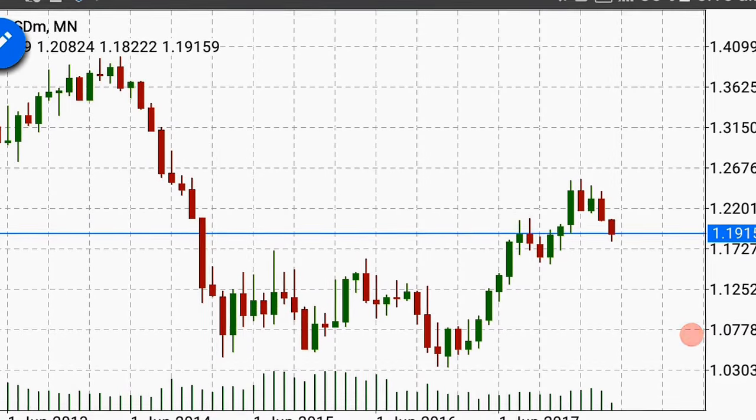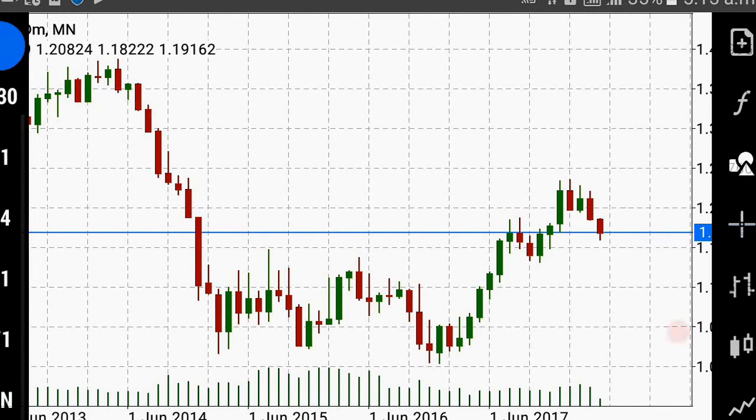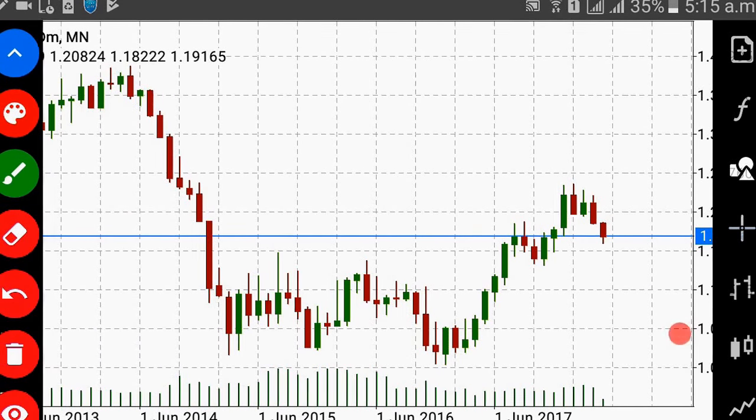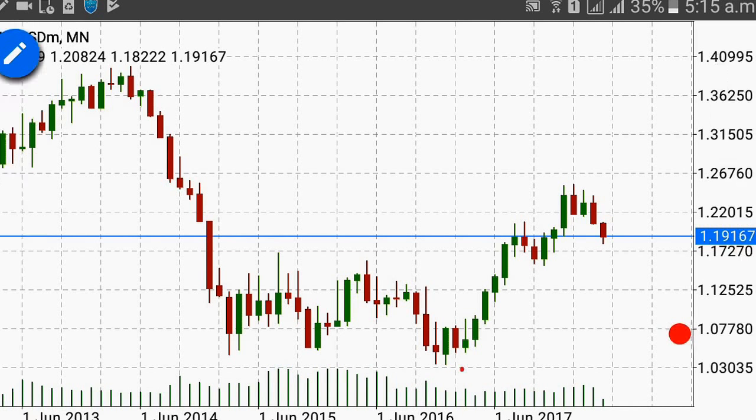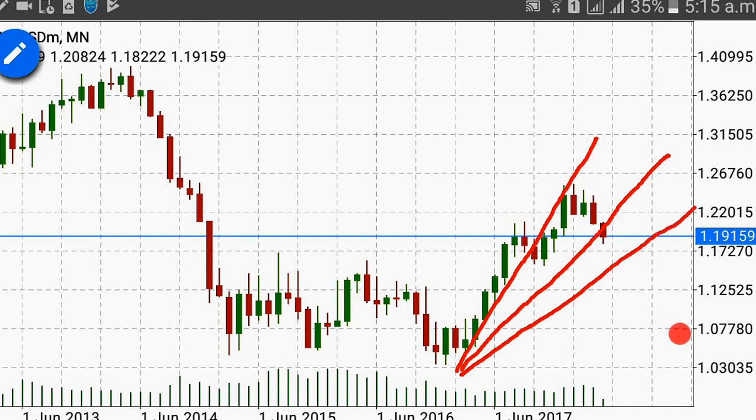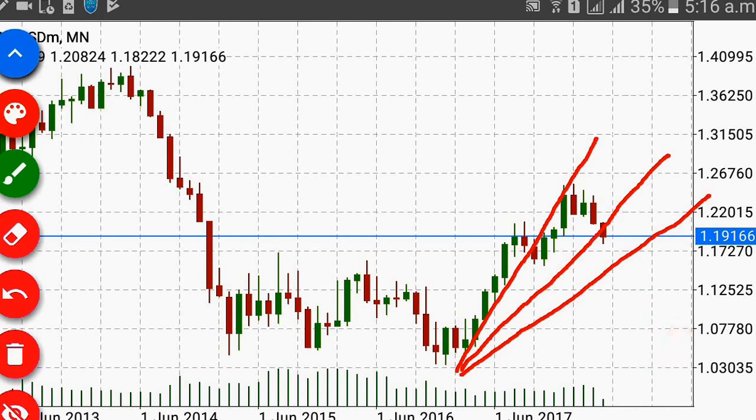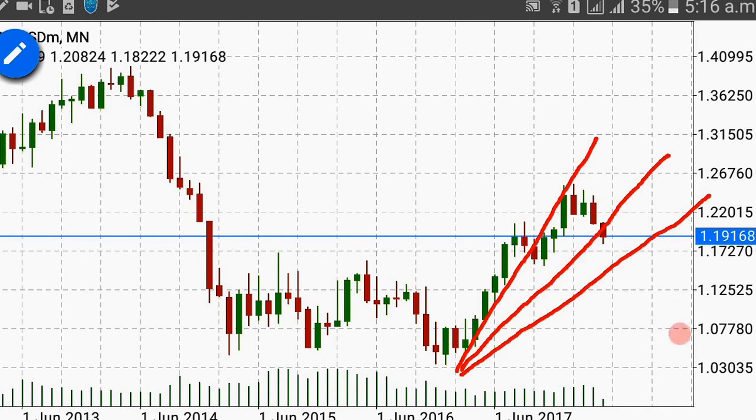As you can see in the higher time frame, if you draw angles, currently you can see that euro is overall trading above the 30-degree angle. So we can consider that the main trend in the coming months for euro can be a buying trend overall.